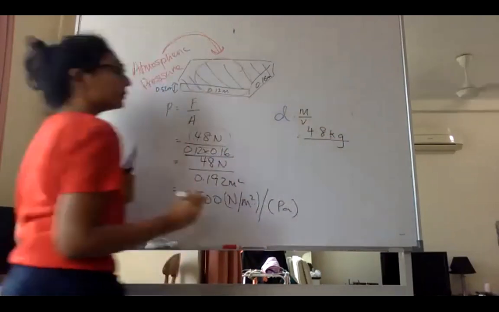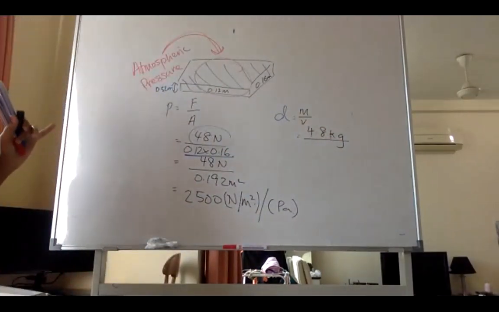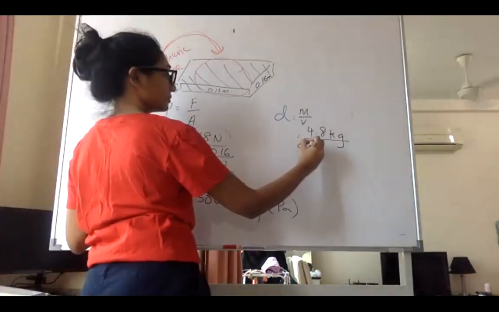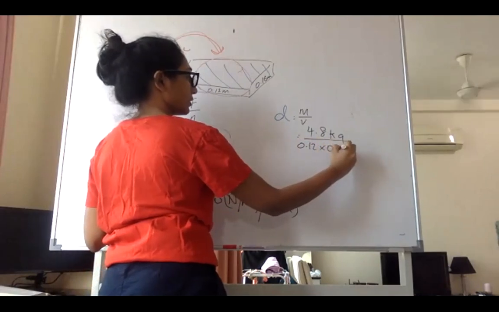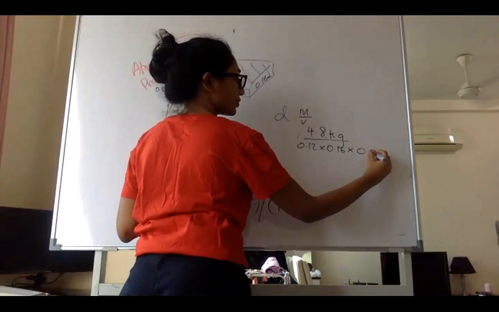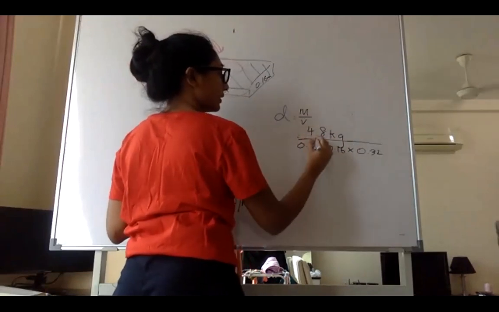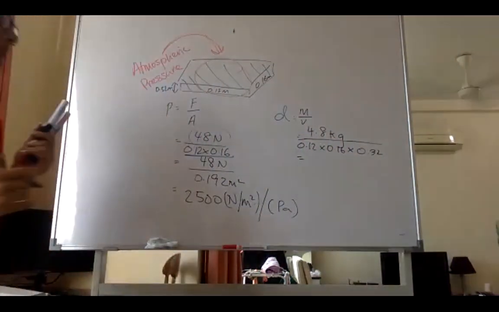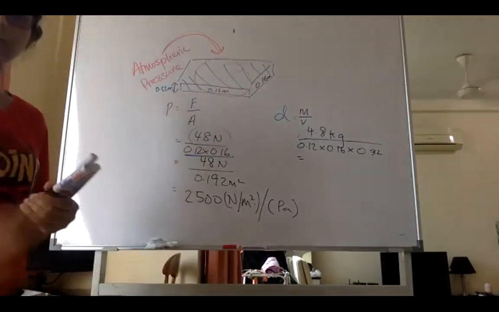What is the volume? How to calculate volume? 0.12 times 0.16, then times 0.32. Okay, so what is the density?